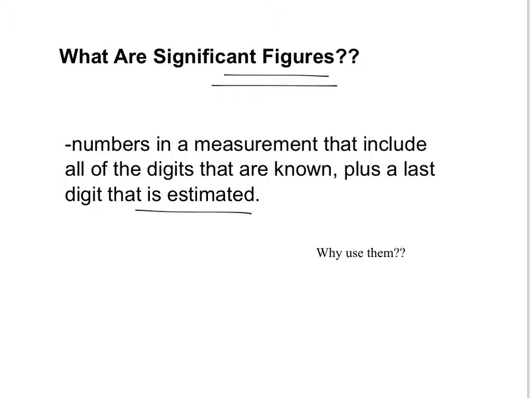And by the way, this video works so that you can go ahead and pause it as you need to fill things in. But I'll repeat that. It's the numbers in a measurement that include all of the digits that are known plus a last digit that is estimated.